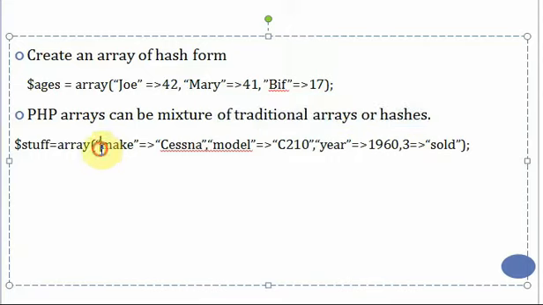You can see keys, in some cases string and in some cases integer. Even the values, in some cases string and in some cases integer. So what we wish to say here is that arrays in PHP need not be of the same type.